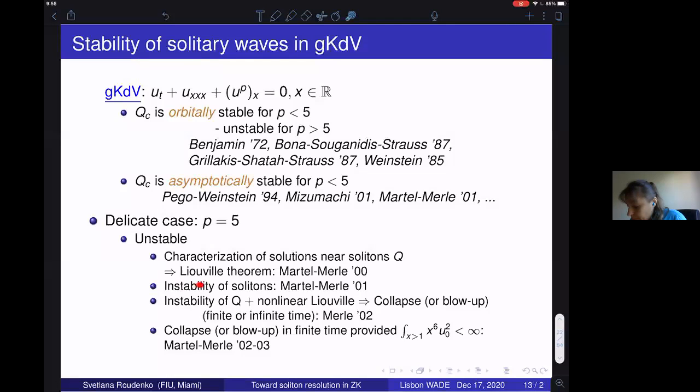So then they were able to show the instability of the solitons, and together with instability, a nonlinear version of the Liouville, which replaces or gives something instead of the virial in NLS.